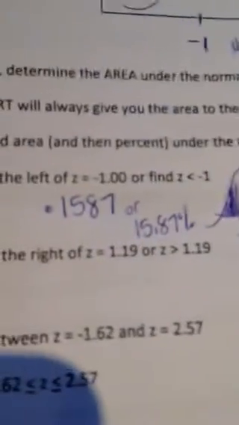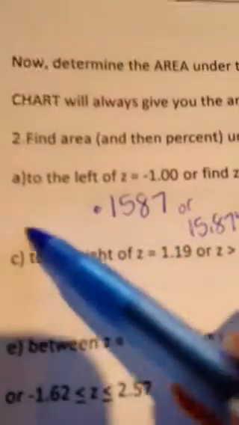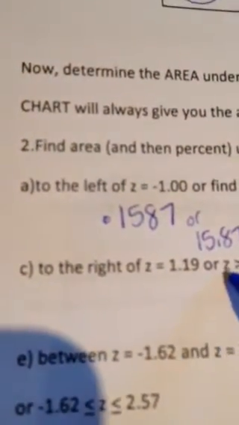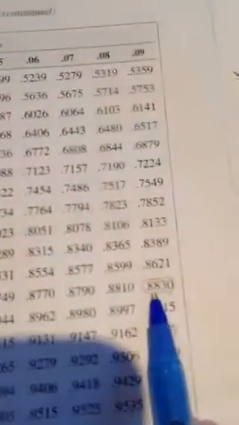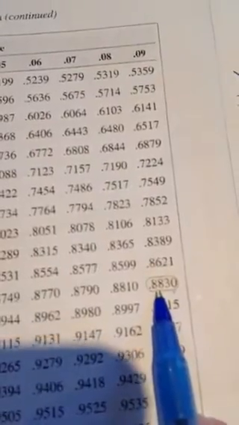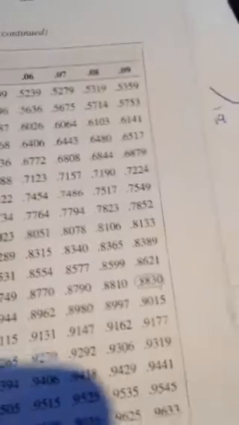Now to the right is a little bit different. So let's say I wanted to the right of 1.19. Now if you ever want to the right, you look it up. 1.19, we just said was 0.8830, and the whole thing has to add up to 100%, or 1.